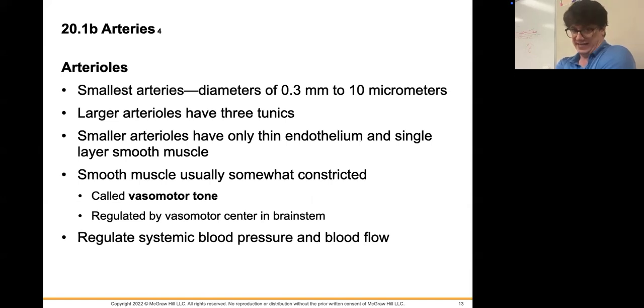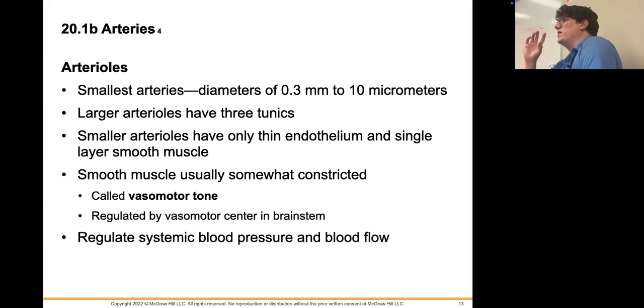Then finally, we get to the arterioles. These things get tiny, to the point where we actually lose one of the tunics in our smaller arterioles. These we can regulate in size. But when we're doing it in this case, we're usually doing it to regulate overall blood pressure.